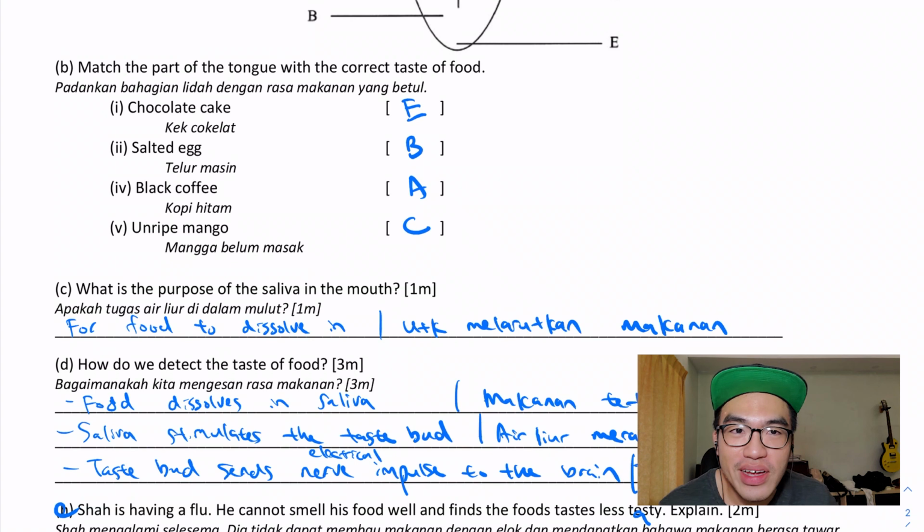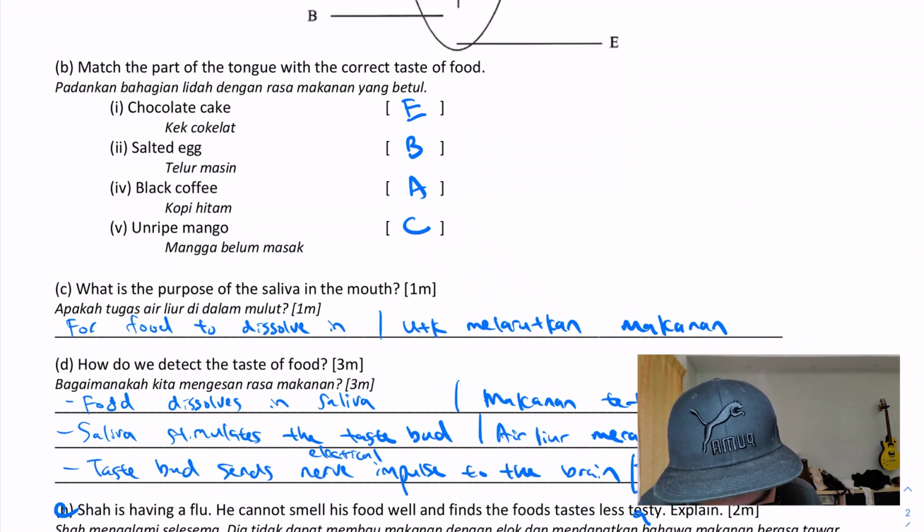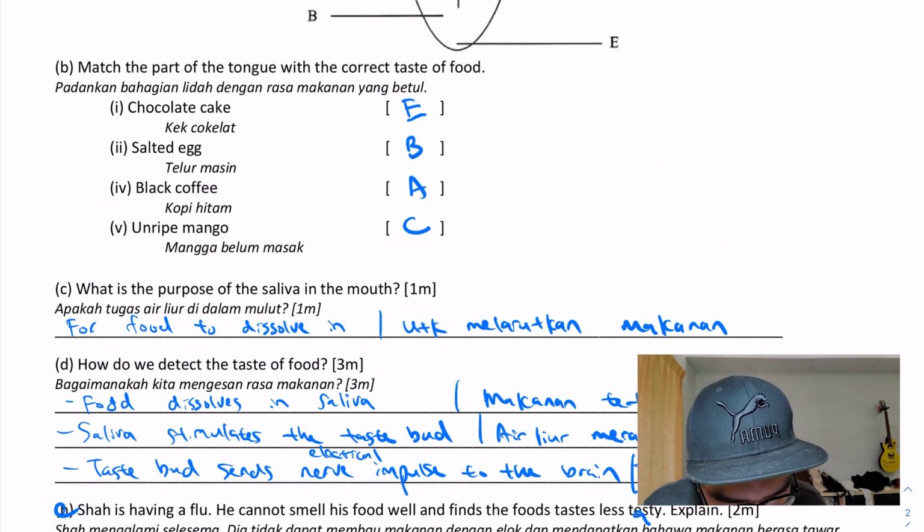That is your nose. So when you have flu, during cold, nose produces too much mucus. In BM, that would be terlalu banyak mucus.